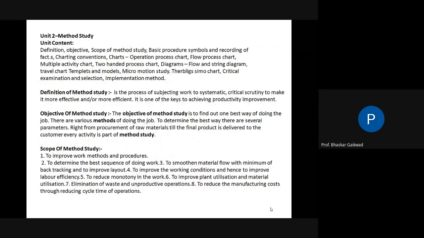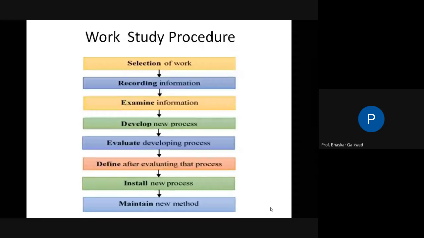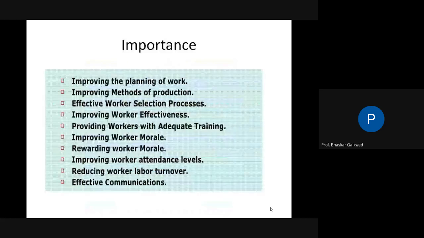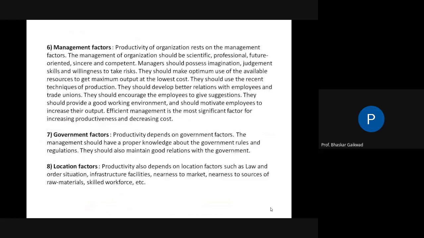Once I will go back and show you. So this is actually the work study process. Correct. Selection of the work, recording what is going on, examination, develop new methods, evaluate new methods, set the new methods, and continue or maintain. So the same process we will have to go for method study.